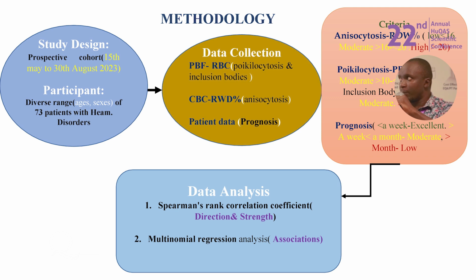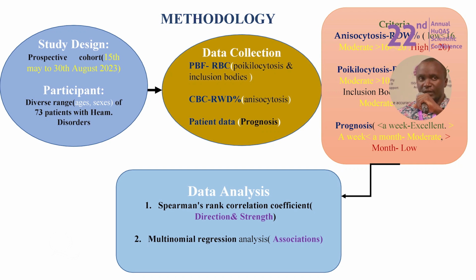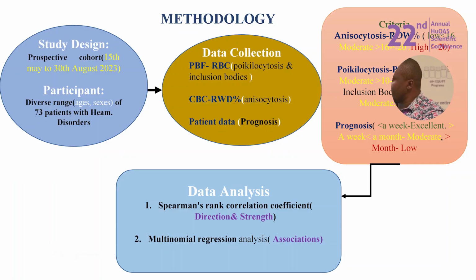The study design was a prospective cohort. The participants had a diverse range of sexes to avoid confounders. For the poikilocytes and inclusion bodies, we used peripheral blood films (PBFs), and the data for anisocytes we collected from the complete blood count.